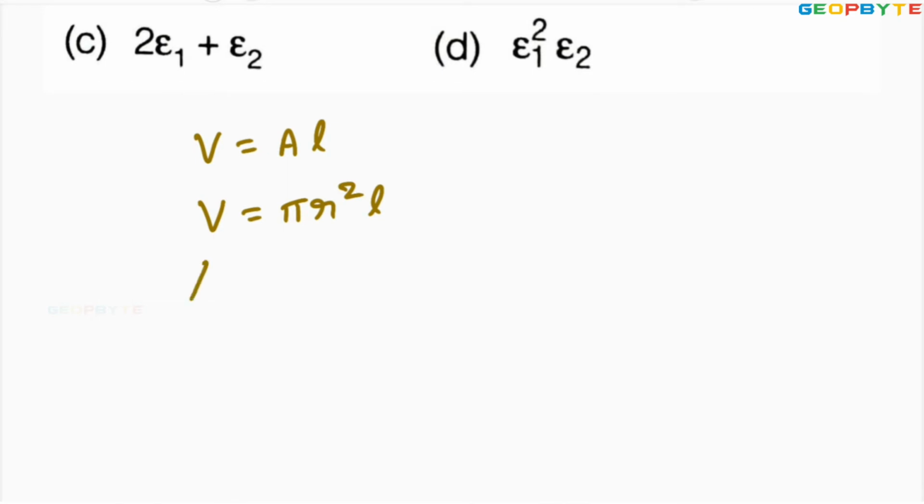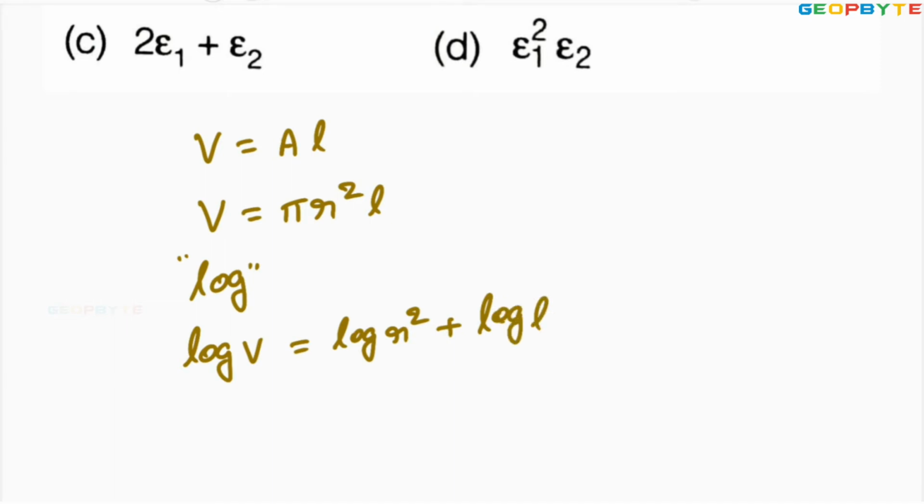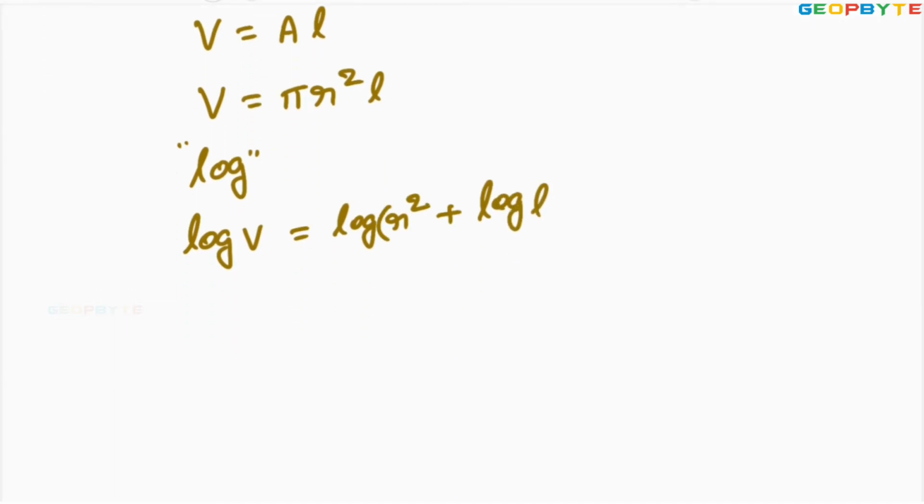Let us take the log on both sides. Log V is equal to, anyhow, pi is constant, I can write directly log r square plus log L. Now you differentiate it on both sides.